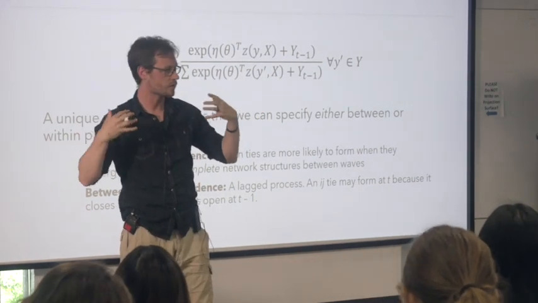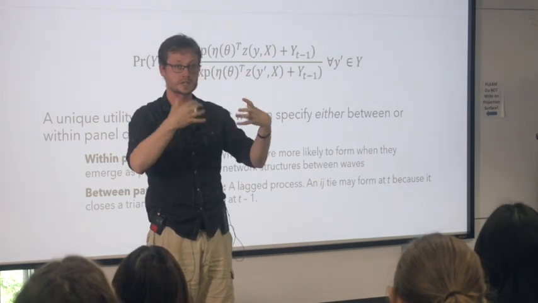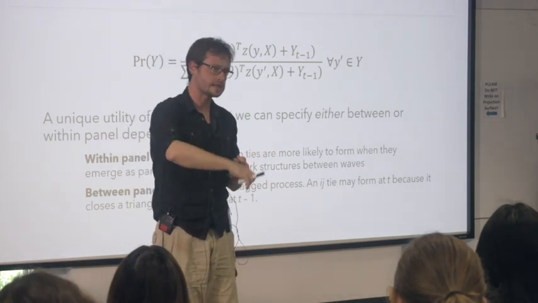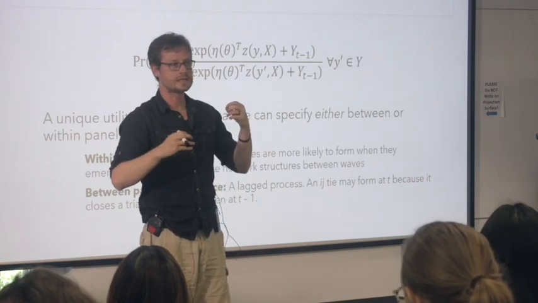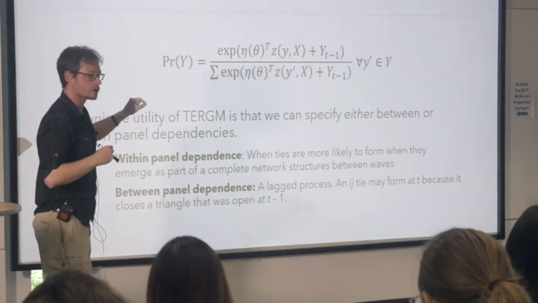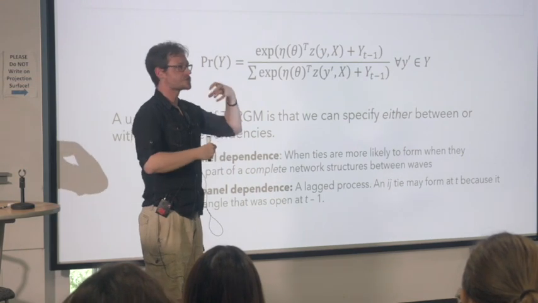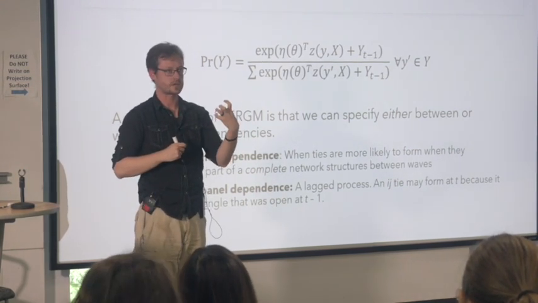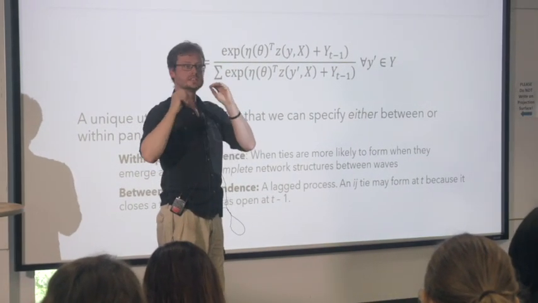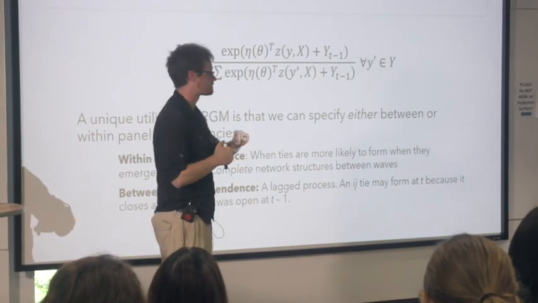The UN formed because multiple nations were negotiating for some type of agreement to protect their national interests. By definition, those ties were negotiated and created in the same temporal moment. That's not something that's dealt with by Siena models. And so even though we get error on one side with a TERGM, we also get utility because we can actually capture that endogeneity in an explicit way. So this is not to say that either model is better or worse. Different capabilities, and in some cases, different assumptions driving those capabilities.